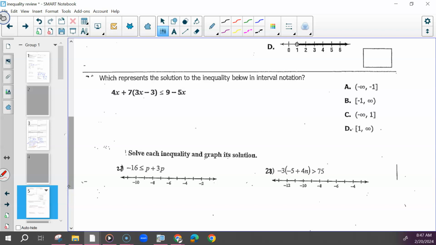You're solving it like we just were. Distribute. Combine like terms.